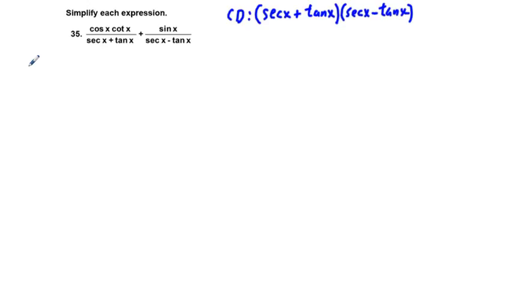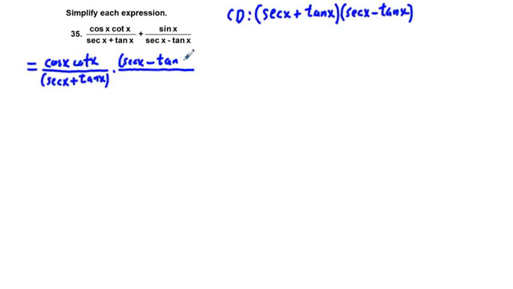And so writing this out, we have cosine x cotangent x over quantity secant x plus tangent x, times quantity secant x minus tangent x over quantity secant x minus tangent x.